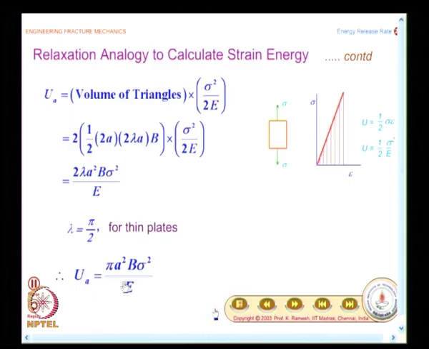The earlier expression we saw was for a plate of unit thickness. Now, you have a thickness of B, and what you see here, the strain energy in the presence of a crack is related to a squared.